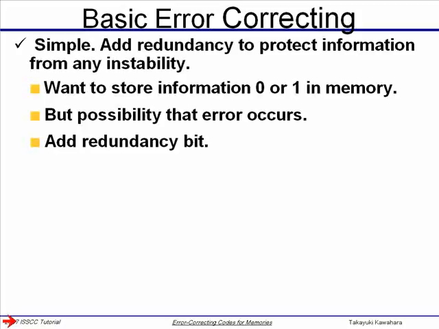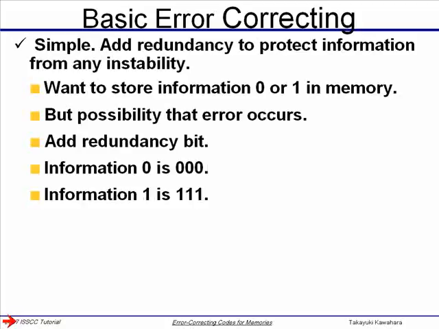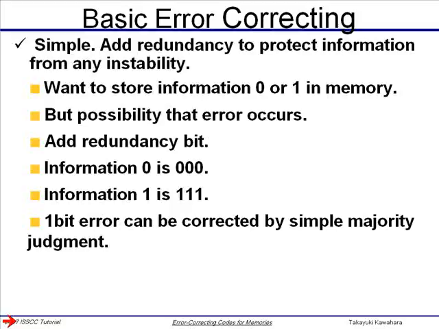The simple way is: for information 0, add 2 more 0s, for information 1, add 2 more 1s. Then a 1 bit error, I mean a 0 turned to 1, can be corrected by simple majority judgment.